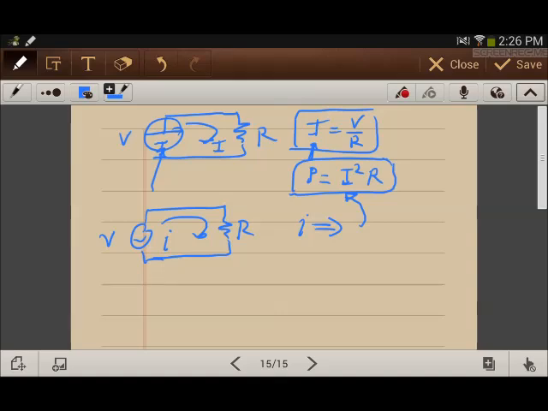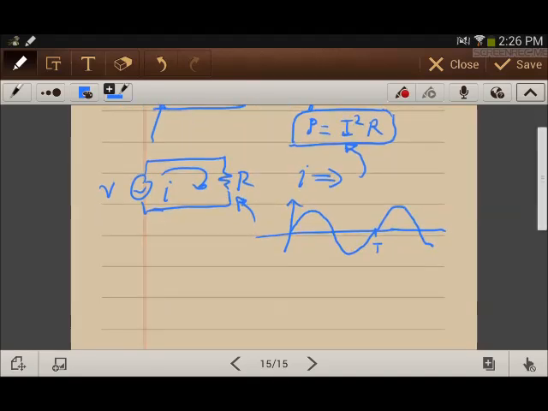So it's called the effective value. As we know, the current in this AC circuit is a sinusoidal current. Its average value is 0. If we want to find the average value over one period, it will be equal to 0.